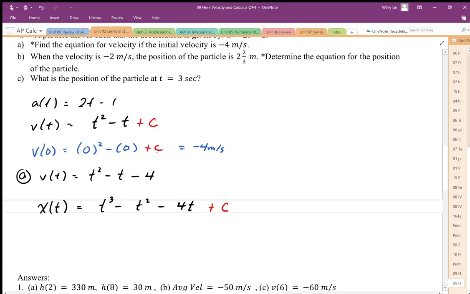And that looks okay, but when I actually differentiate this, I'm going to end up with 3t squared. So I have to account for that extra coefficient. Since it's a coefficient, I can account for it this way. The 1/3 will not affect differentiation, so if I put the 1/3 in there, I'm going to end up with the correct coefficient of 1 and the correct power of 2.